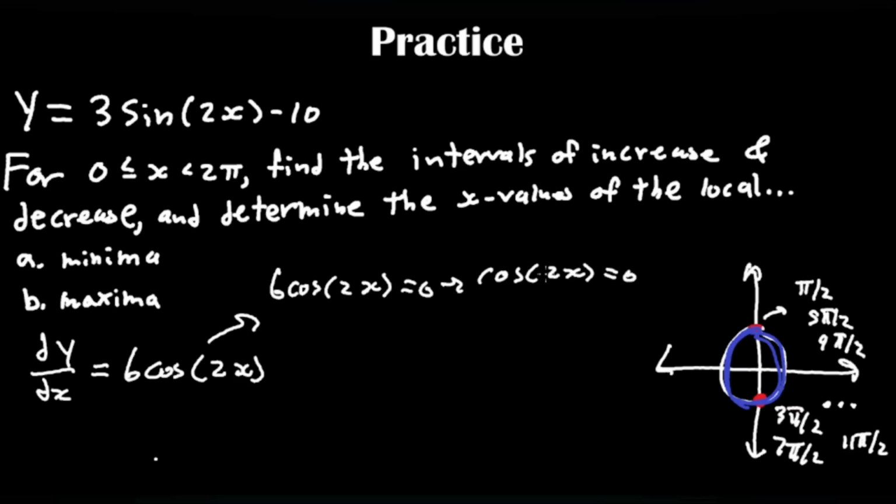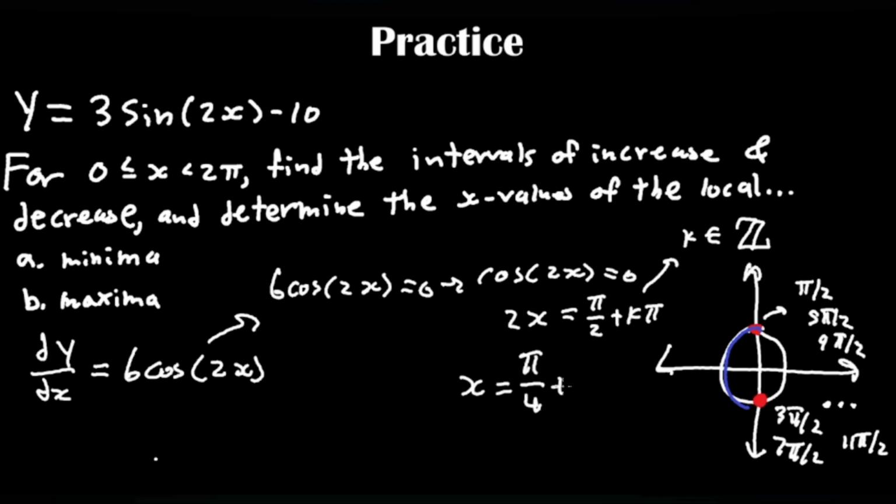So that means that this argument on the inside, 2x, has to be pi over 2 plus k pi, where k is just some integer. So we have 2x equals pi over 2 plus k pi. This means x, if we divide both sides by 2, is pi over 4 plus k over 2 pi.